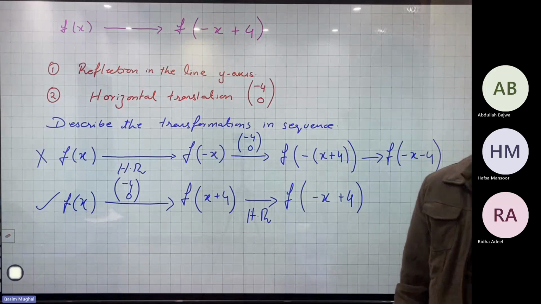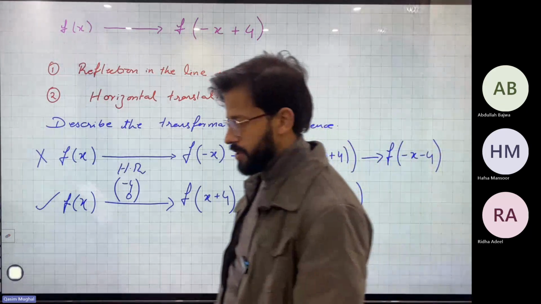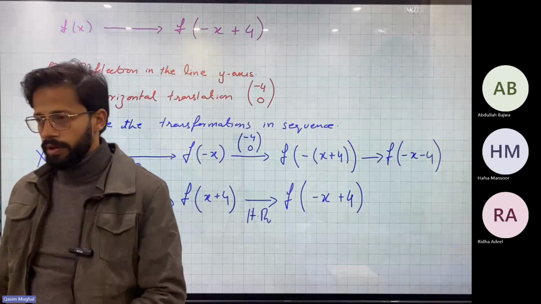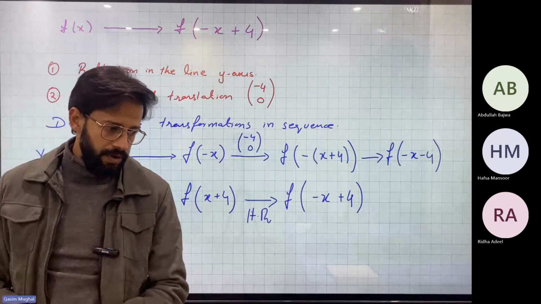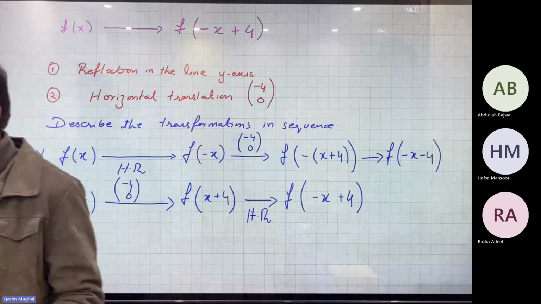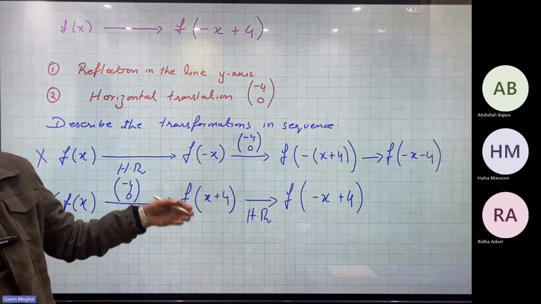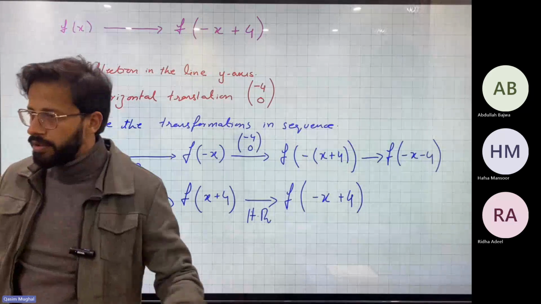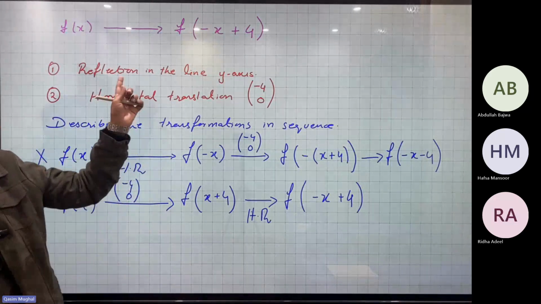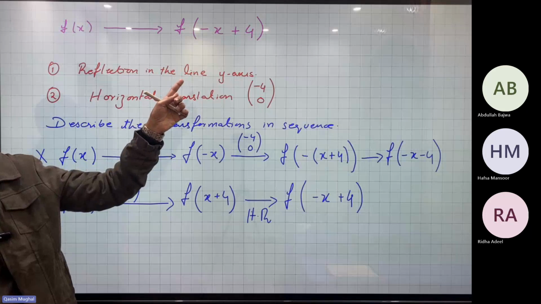Tomorrow, inshallah, not tomorrow, Monday, we shall start off with the stretch, and then we'll see if we have enough time, and then we will do all the combined transformations together. We'll talk more about the function machine, because once we have studied all the transformations, then we will see what this is. Just reflection and translation combined.